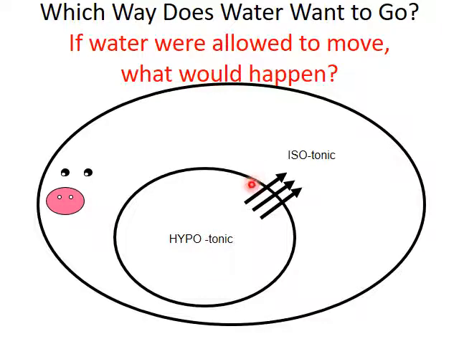If water were allowed to leave, we'd have a big change in blood volume. It would go up and down depending on where we are in the eating cycle, and that would not be good for the cow. So we have this layer that prevents the movement of water, keeps the water in the rumen, and protects the blood volume outside.